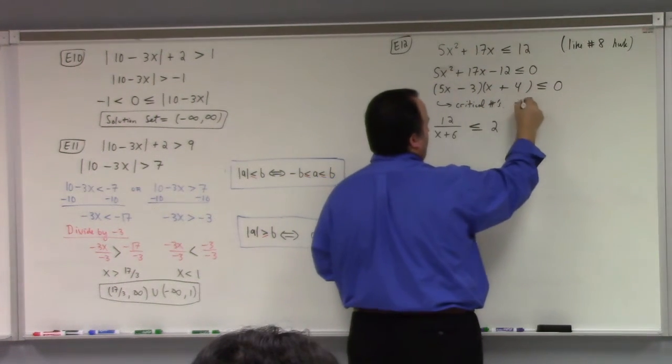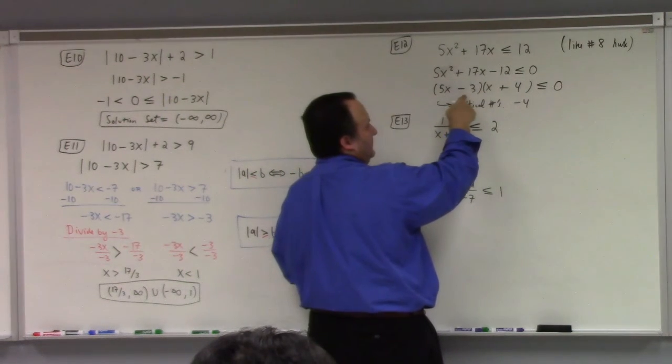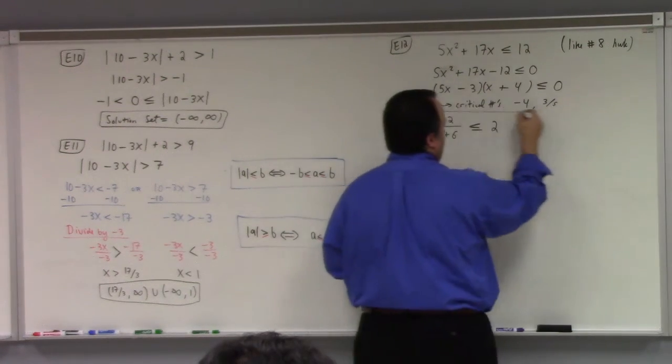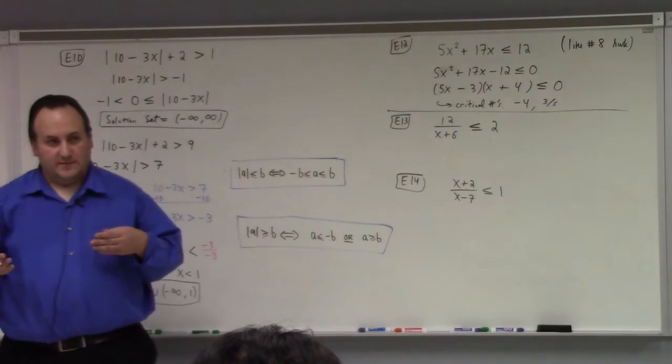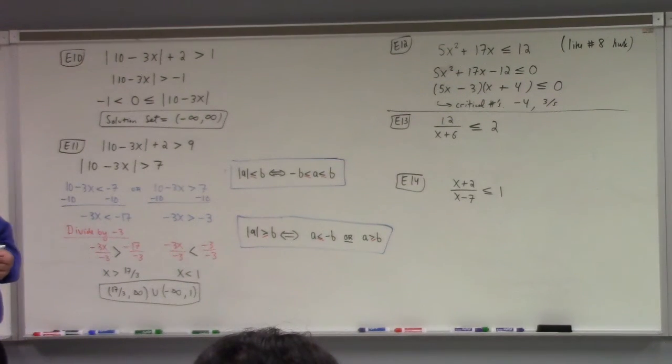So minus 4 is obvious from this one. But the critical number here we have to think about for a second. It's actually 3/5. Right? And then past that, you draw the number line, you test your points, right? And so forth.